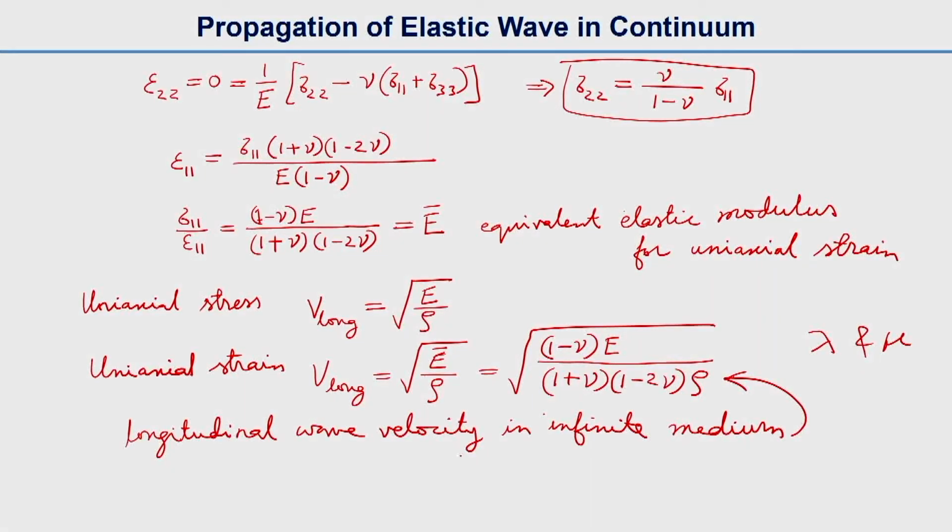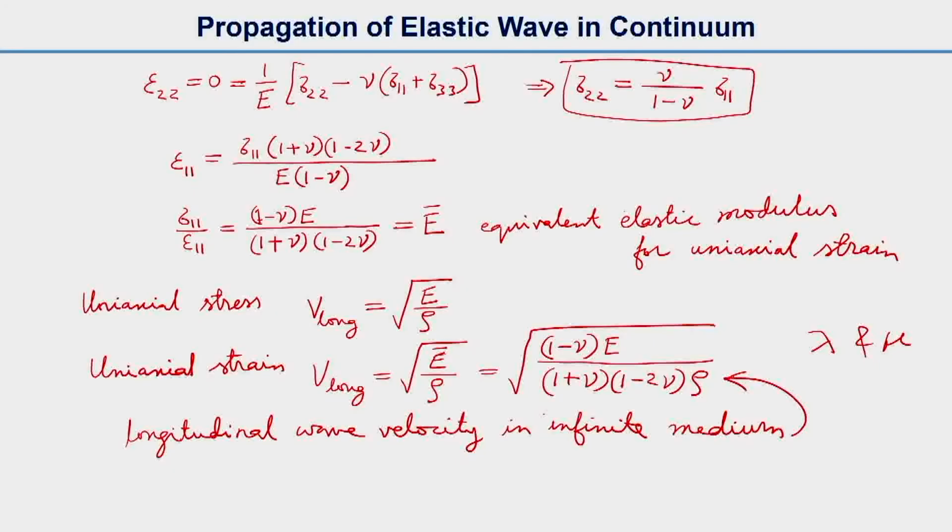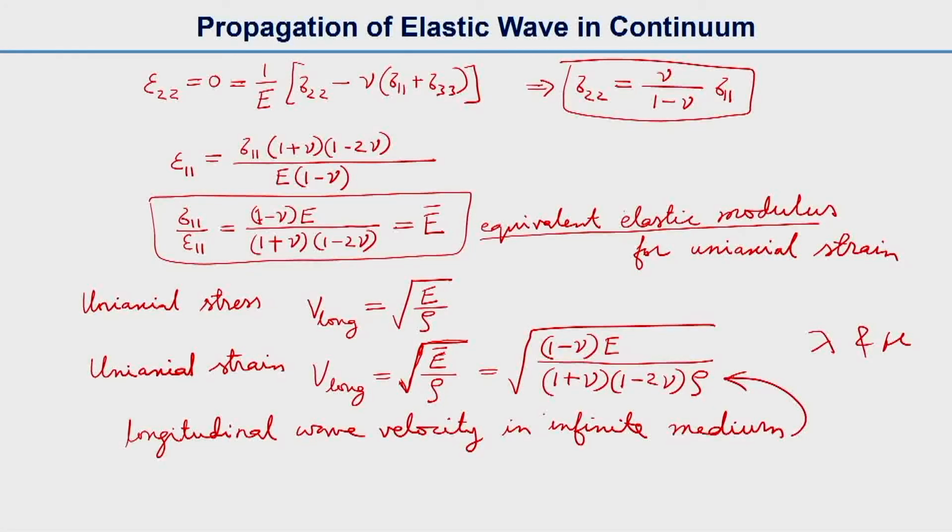So now we have a connection, and we can say that this can be considered as a uniaxial strain case, because we have derived that the equivalent elastic modulus for uniaxial strain has this expression, and if we incorporate this expression into square root of ratio between elastic modulus divided by density, then we will end up with the same expression of longitudinal wave velocity, and that means that we can consider it as a uniaxial strain case.